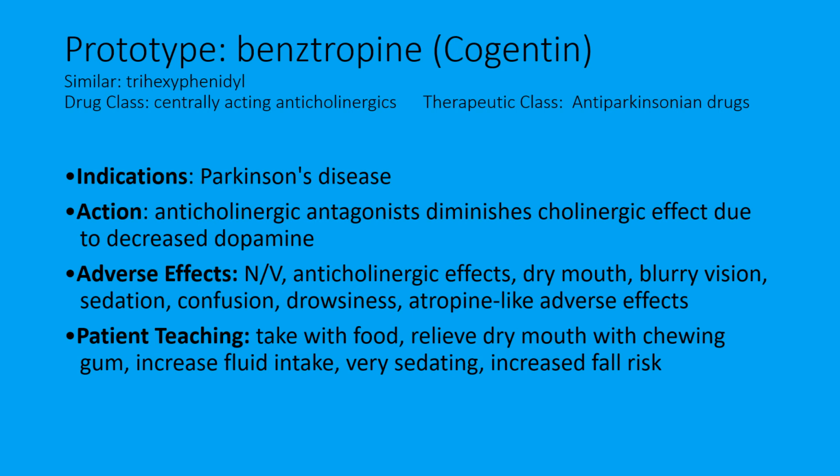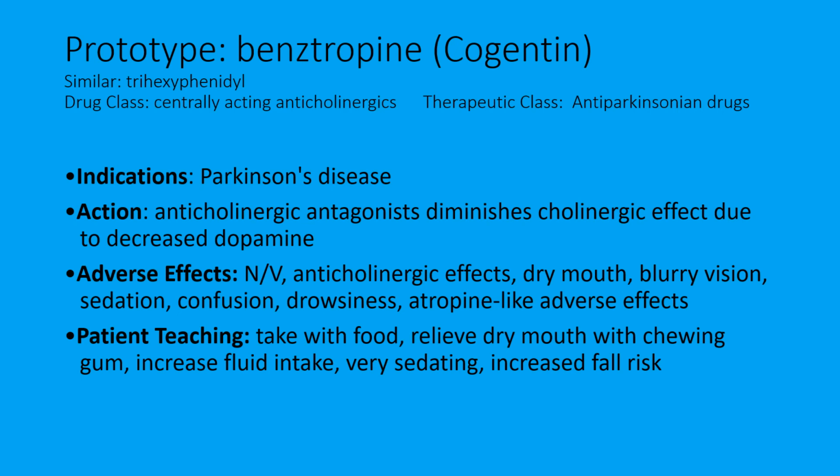We can treat them with an anticholinergic, such as benztropine or diphenhydramine. And remember, because of the low dopamine levels in the substantia nigra, you develop increased acetylcholine levels. So treatment can also be aimed at the increased acetylcholine levels with anticholinergics. And here is one of them, benztropine.